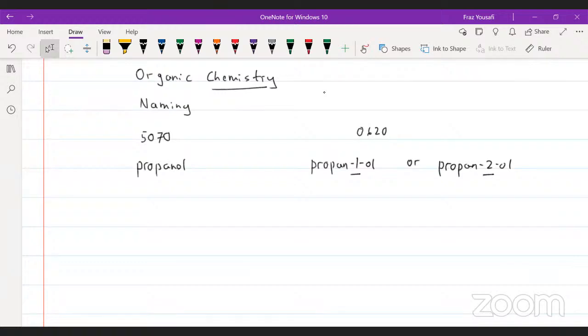You are not to name any branched isomer structure at all. Doesn't matter whether it's O levels or IGCSE, that's not a part of your syllabus. You're only required to know straight chain names. And then if they give any variations, either they will name those variations themselves, or the questions will have everything to do with their physical properties and their chemical reactions, but not about naming the compound in any way, shape, or form.